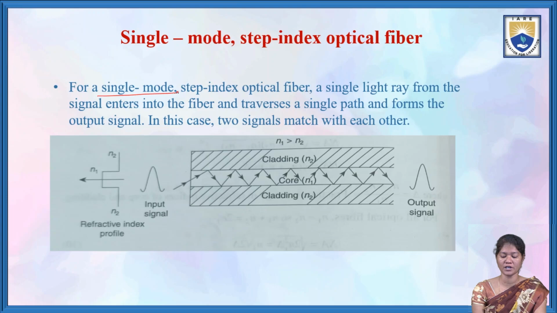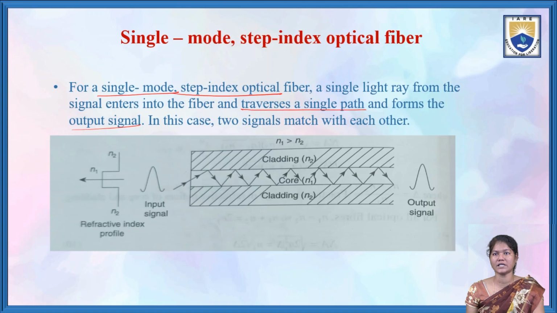For a single mode step index optical fiber, a single light ray from the signal enters into the fiber and traverses a single path and forms the output signal. In this case, the two signals, input signal and output signal, match with each other.